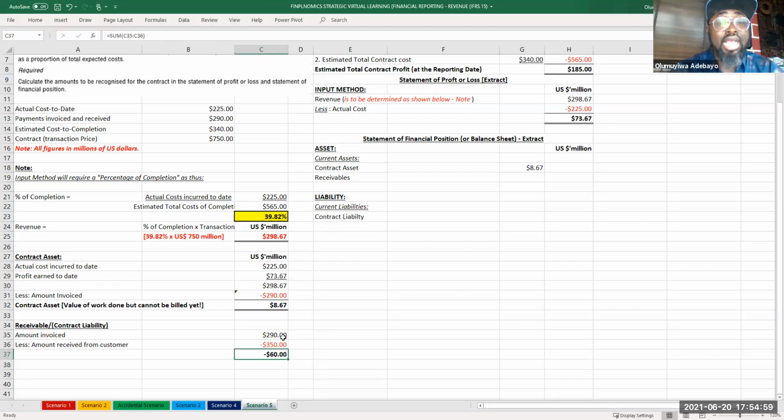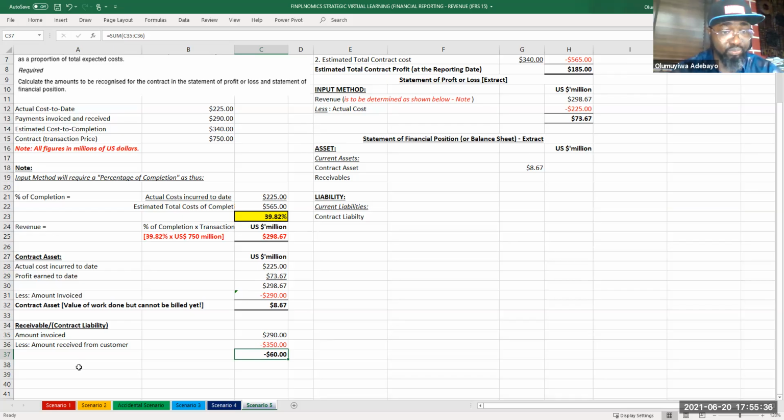It means apart from the customer paying you 290 that you have invoiced, the customer is also mobilizing you ahead of performing other promised services so that you can use that 60,000 to fast track the work or to do the job, which means such is a contract liability, which requires you to fulfill other performance in order for you to earn that 60.